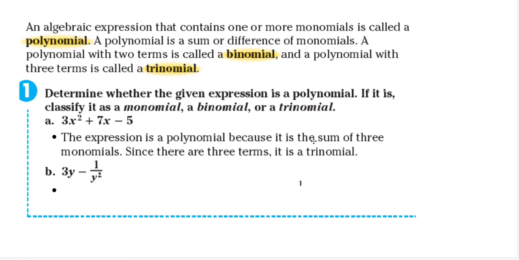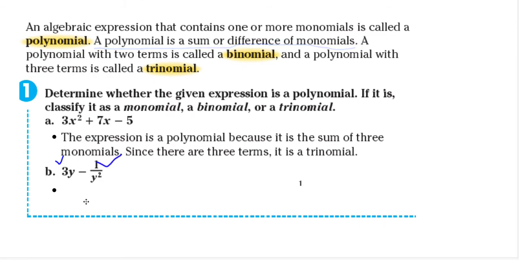Now look at 3y minus 1 over y squared. Let's go back to the definition of what a polynomial is. It is a sum or difference of monomials. So therefore this should be a monomial and that should be a monomial for it to become a polynomial.